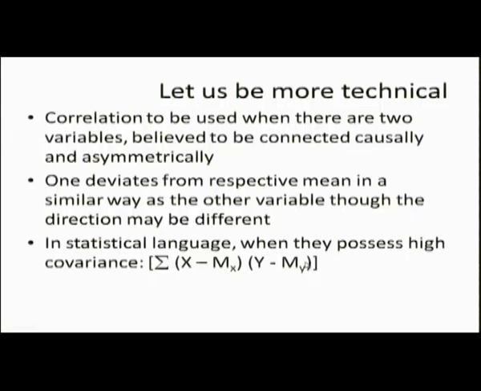Similarly, we subtract my, the mean of all y values, from the y values, multiply them and add them. Technically, sigma of (x minus mx) multiplied by (y minus my), divided by n, is called covariance. But since n is a fixed number and correlation will depend on x minus mx and y minus my, I have written only that part.